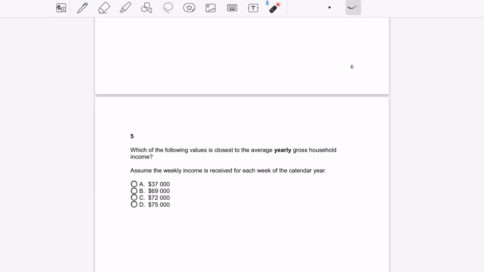Next question says, which of the following values is closest to the average yearly gross household income? So that just means total amount before tax. Assume the weekly income is received for each week of the calendar year. Okay, so for each week of the calendar year, that's 52 weeks.